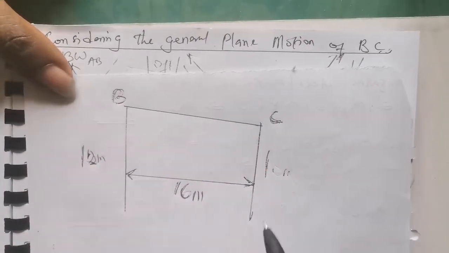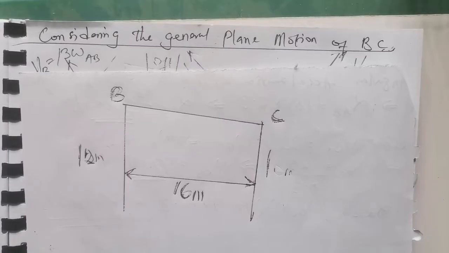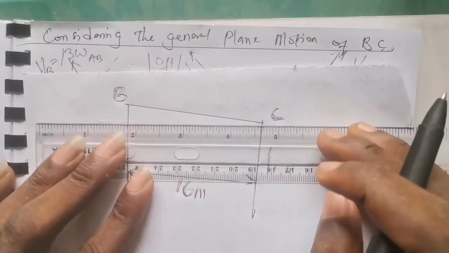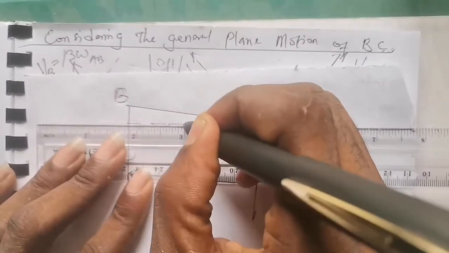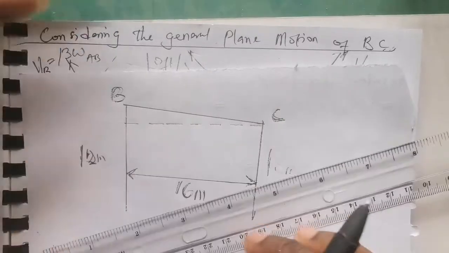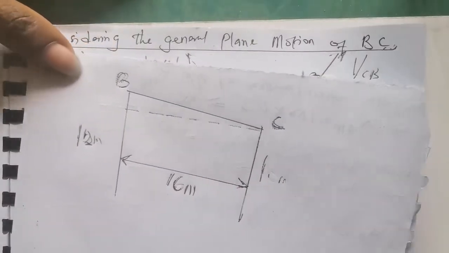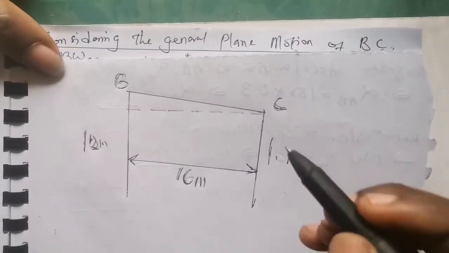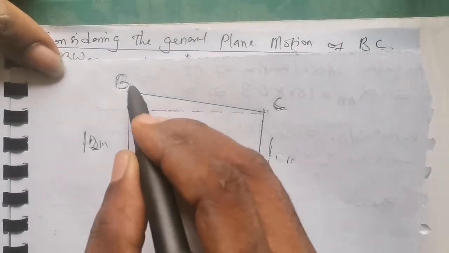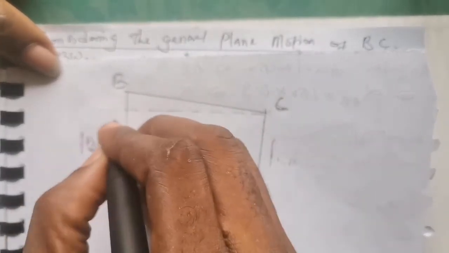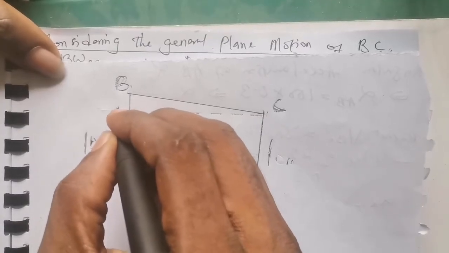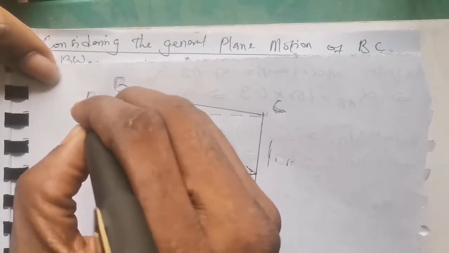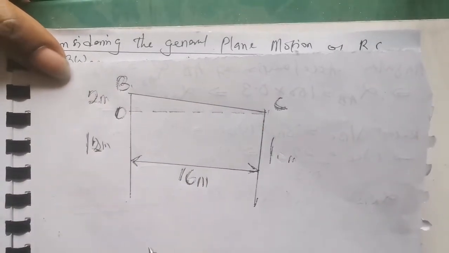If I draw an imaginary broken line from here to this point, and call here point O, then the height from B to O is simply 2 meters.